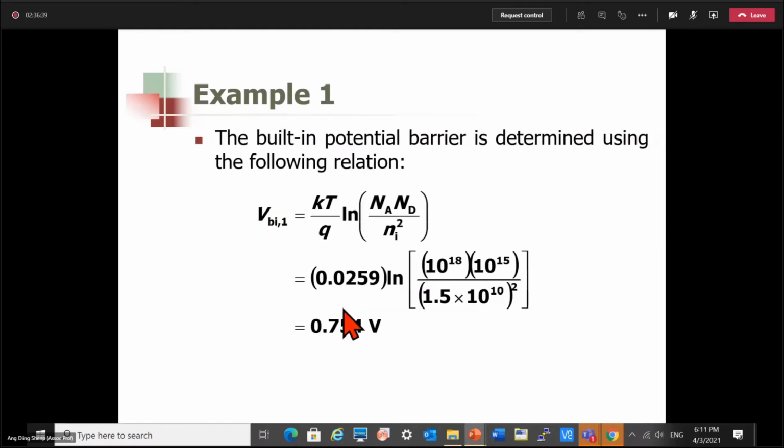So what do you see for the built-in voltage value? 0.6, 0.7. Is it a coincidence that the turn-on voltage is similar to the built-in voltage, or are the two really related?